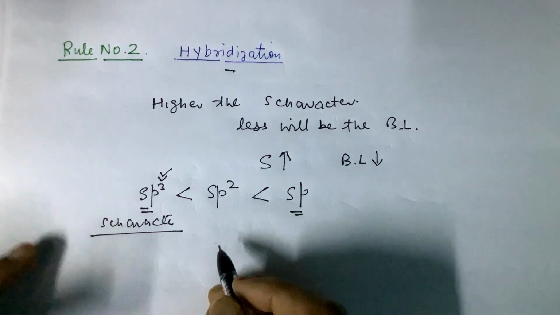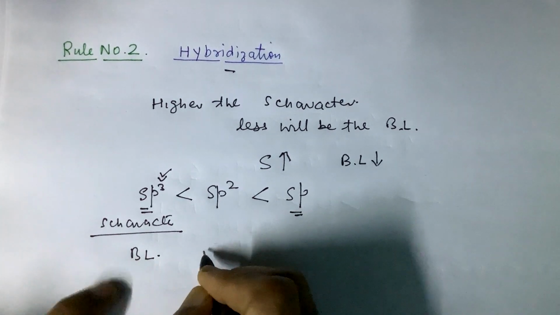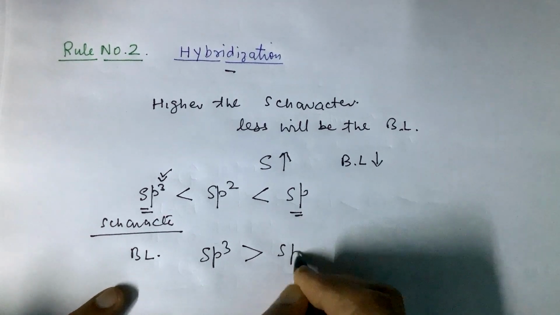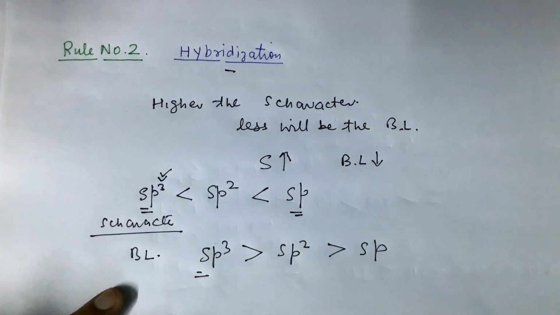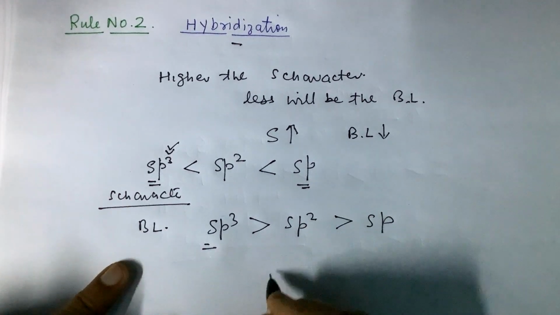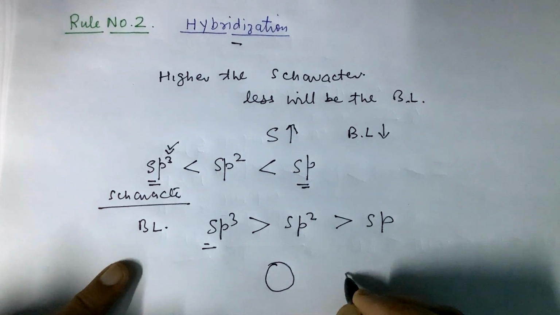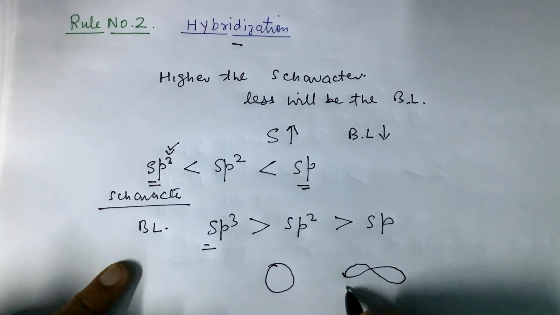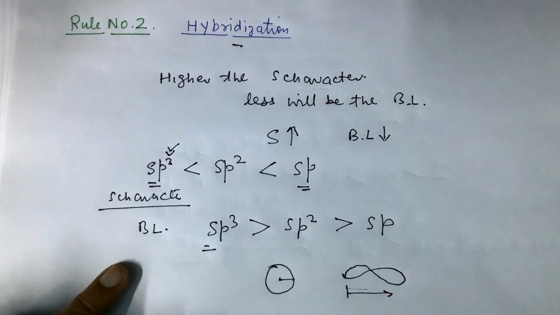So the bond length of sp3 will be more than sp2, and that will be more than sp. Why? The s orbital is spherical in shape and p is dumbbell shaped, so the length of a p orbital is more than that of an s orbital.